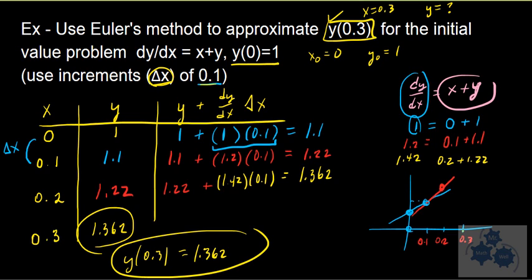Okay, so if I just were to finish this off here on the diagram, so then I have 1.42 at this x value, so here's our slope at this one, and then at 0.3, here's my answer there, 1.362. That's not to scale or anything, but that's how we're generating things here. Okay? So that's a bit of an introduction to Euler's method.